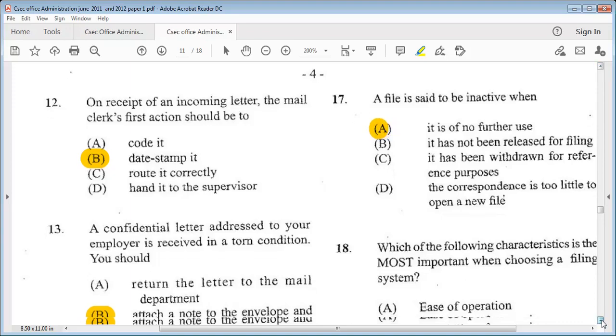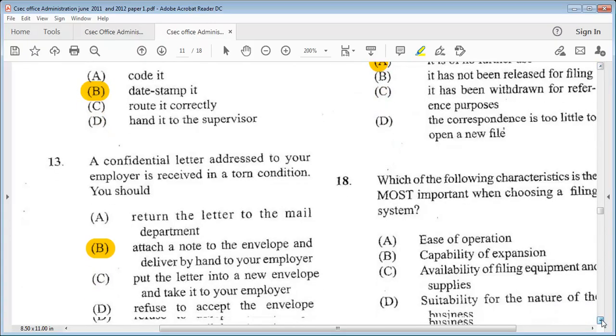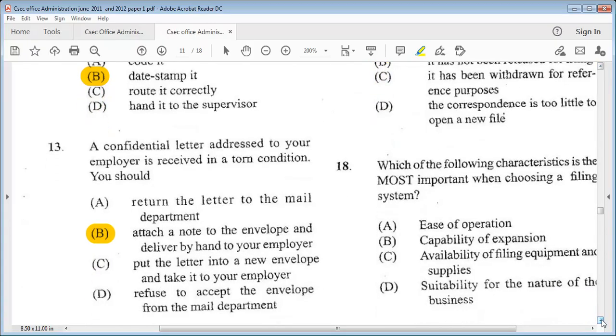Let's go on to question number 18. Which of the following characteristics is the most important when choosing a filing system? A, ease of operation. B, capability of expansion. C, availability of filing equipment and supplies.